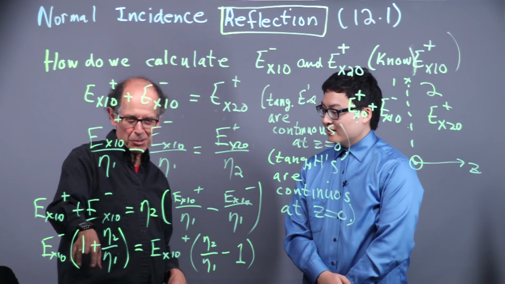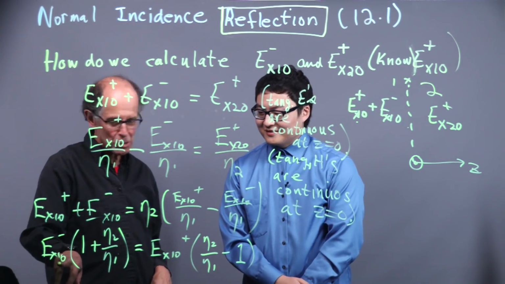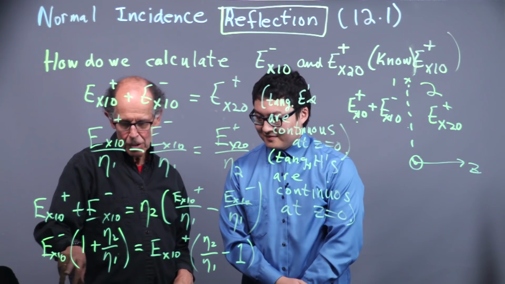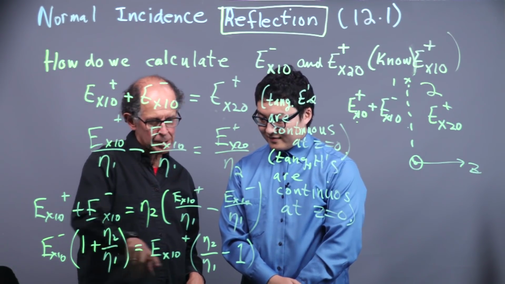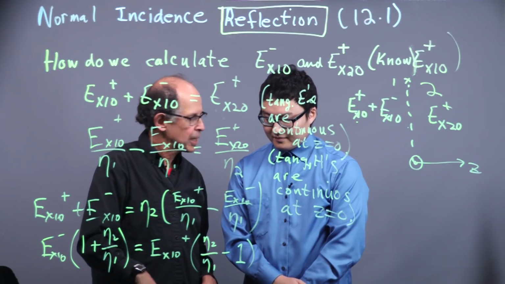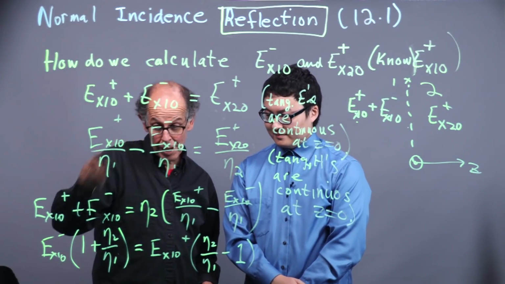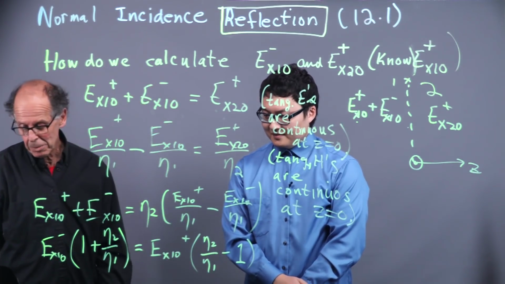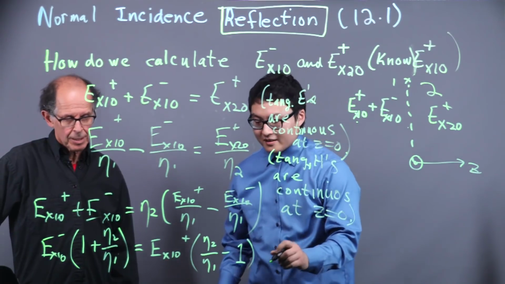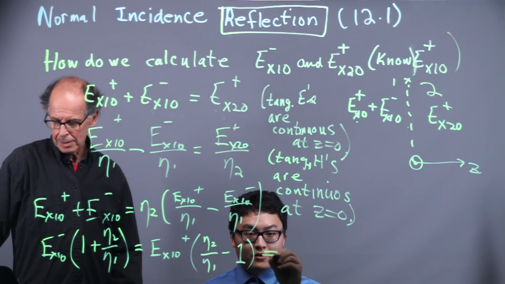Well, no, you have to finish. Oh. So we have to solve for E_x10 minus. Mm-hmm. So I suggest you put this over a common denominator, both of them, and then the eta 1's will cancel. And then you can solve for this; it will be some multiplier times that. So let's see what that multiplier is. Let's continue here.